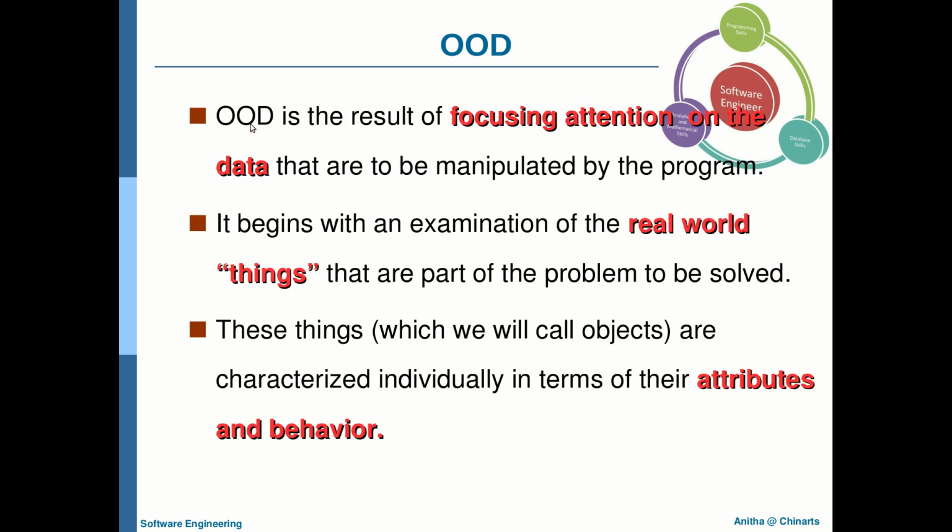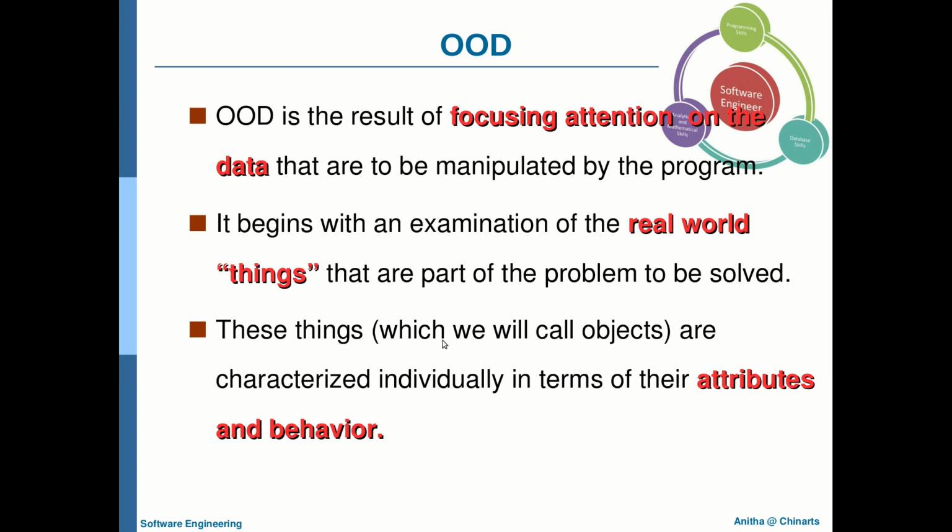Your object oriented design is generally the result of focusing attention on the data that are to be manipulated by the program. I have already explained an example for function oriented design and object oriented design. We have seen the example of a college management system. If you follow function oriented design, your focus will be on the admission process.